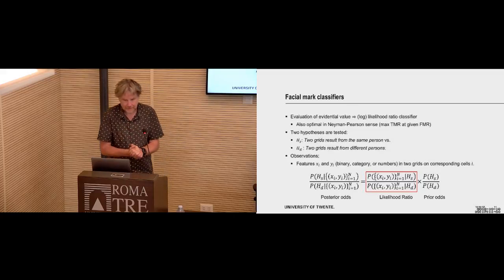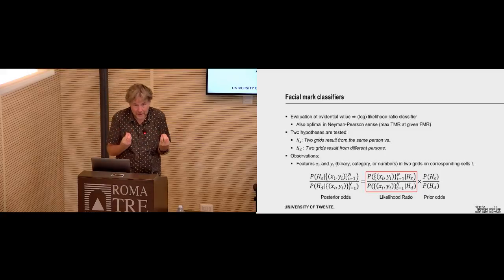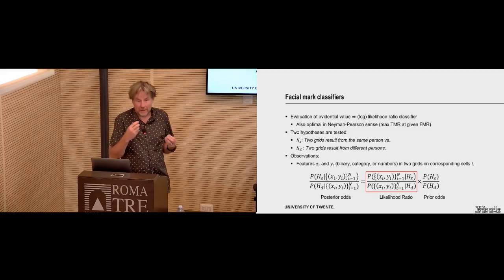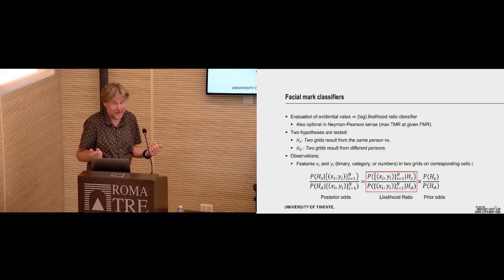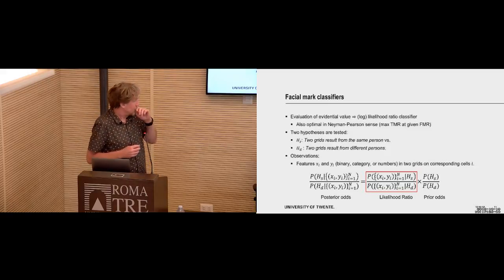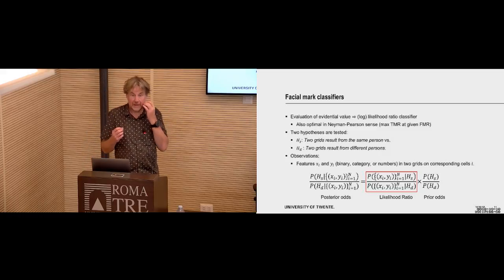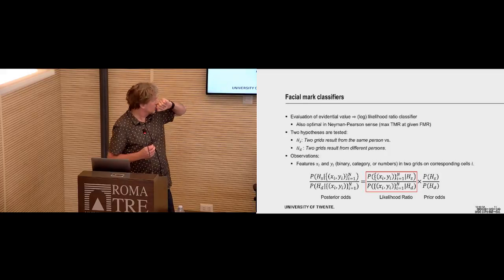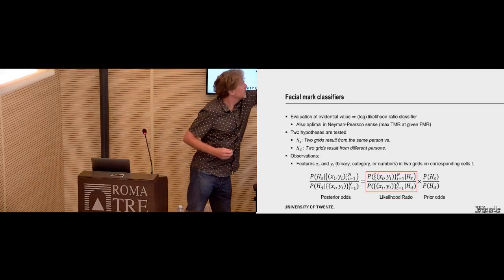So, how do we classify these 2 images? What kind of comparison do we do? And then I come back to the story of last Tuesday. We like to work with likelihood ratios. Actually here, this is very interesting in a forensic case because the likelihood ratio can be used to quantify evidence. And you can easily see this. This is the Bayesian equation, and this part is the likelihood ratio.